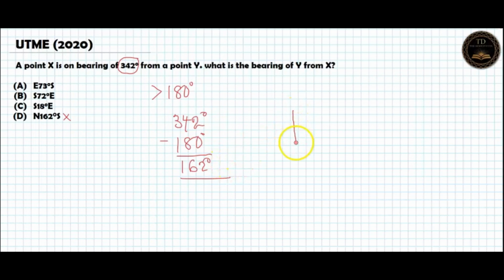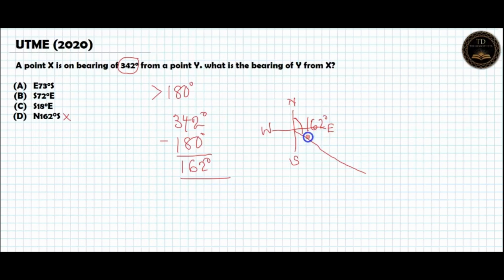Now if you draw your cardinal points, don't mind my lines, it's north, south, west, and east. Now the rule is this: from here to here is 90, and from here to here is 180. So 162 is going to fall in this region. Let's say from here to here is 162.